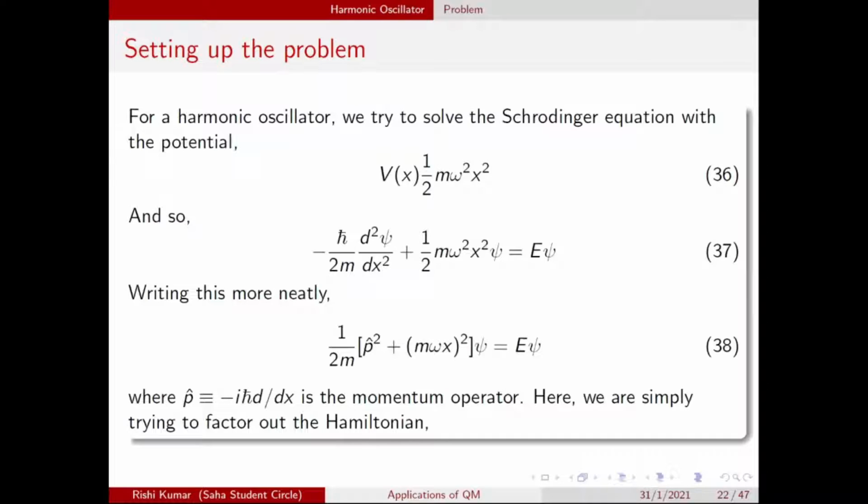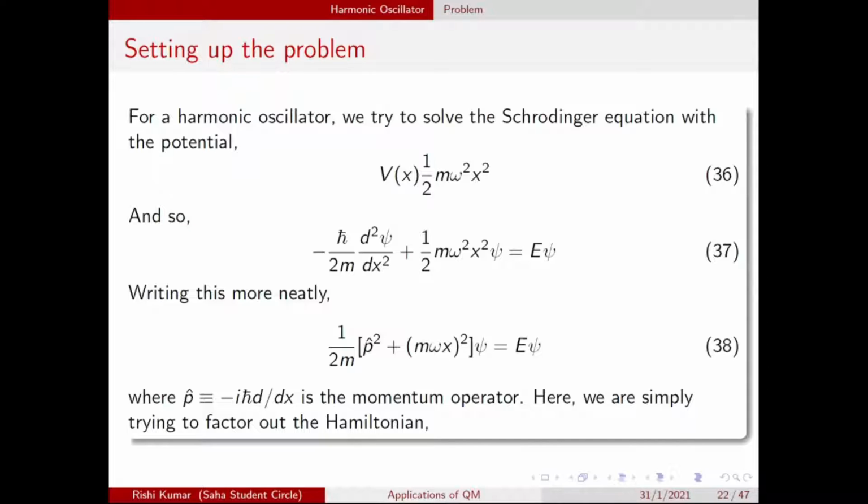So now for the harmonic oscillator, we try to solve our Schrodinger equation with the specific potential of V of x equals 1 by 2 m omega squared x squared, which is essentially the potential of a classical harmonic oscillator, with omega being our angular frequency and x being our displacement, or amplitude, sorry.